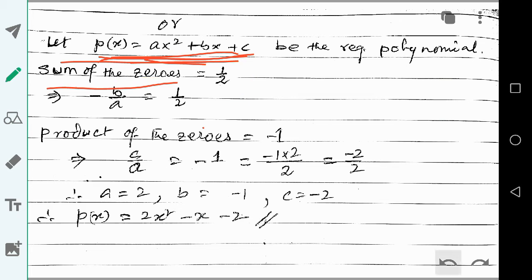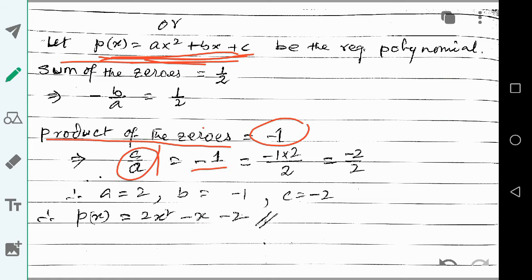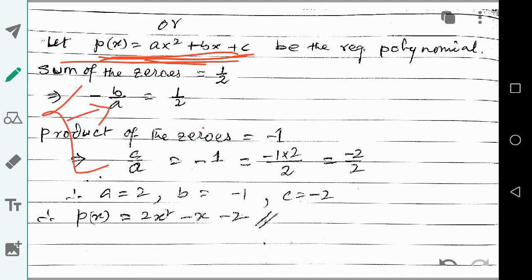Also the product of the zeros is given, equal to minus 1, and the product of the zeros is c by a, which is equal to minus 1 here. In both cases the denominators are a. On the left hand side the denominators are equal, so we need to make the denominators equal on the right hand side also.